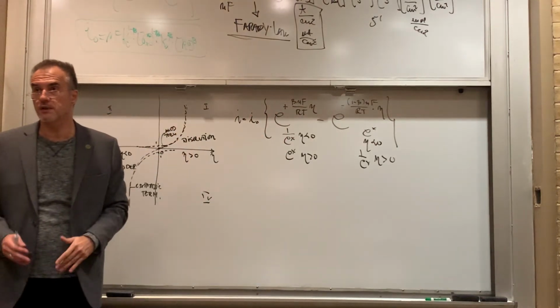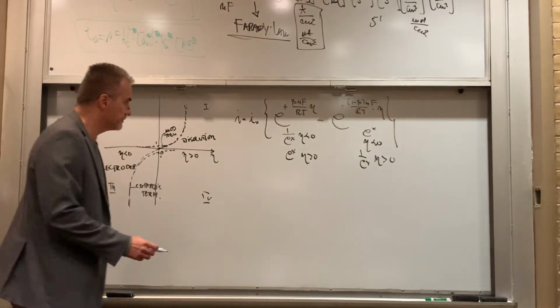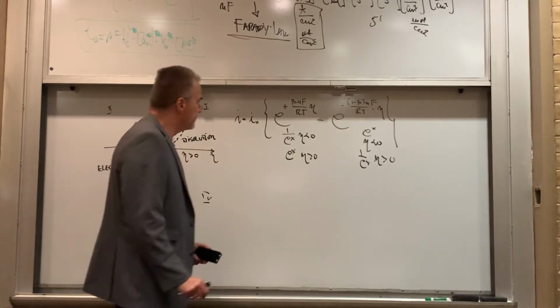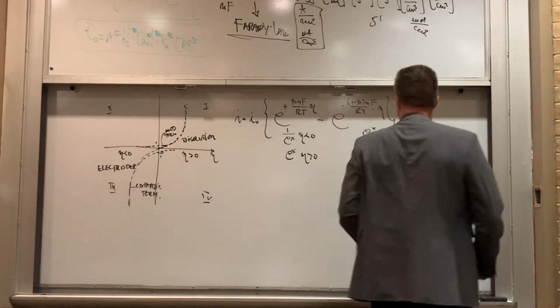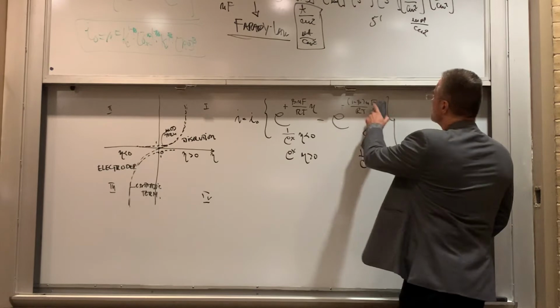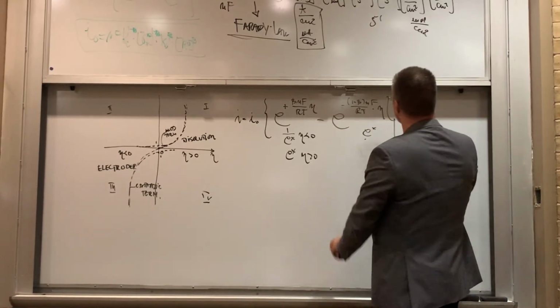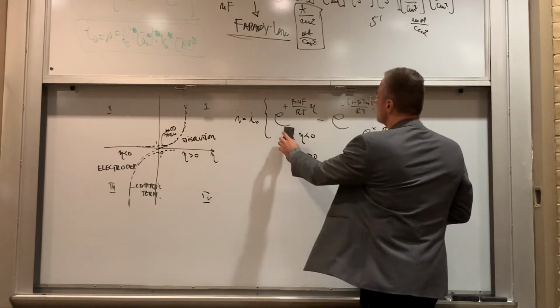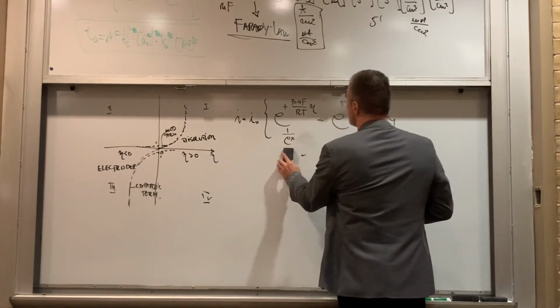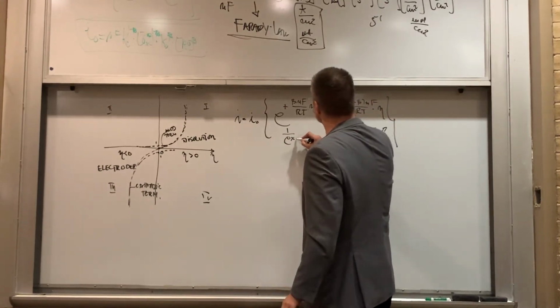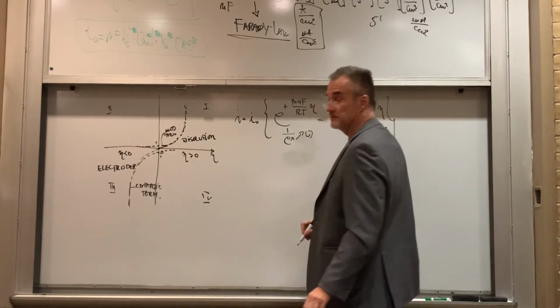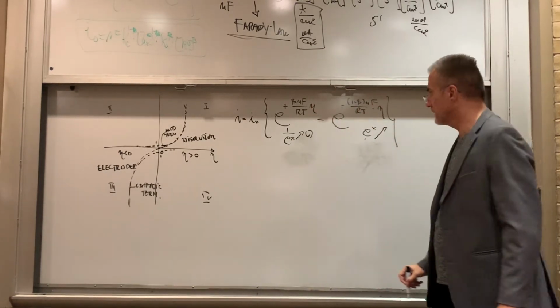So let's talk about the electrodeposition. If this is very large negative, this is very large positive, so we have this type of expression, and this type of expression goes to 0, right?